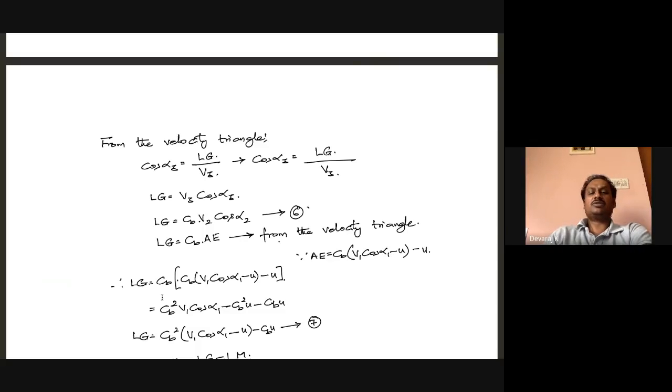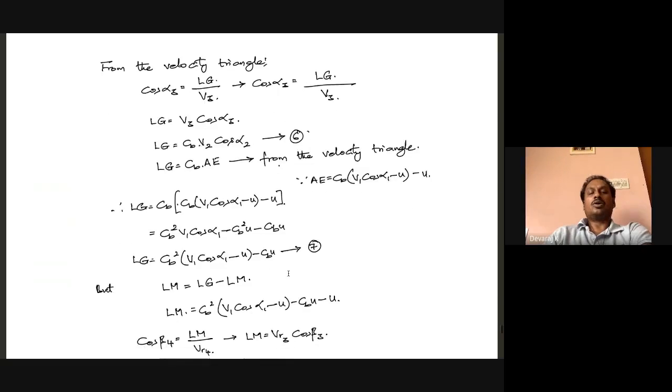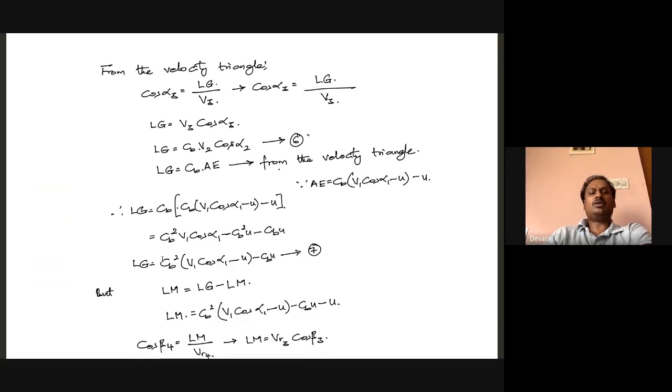So LG becomes CB into CB (V1 cos alpha 1 minus U), minus of U. If I open the bracket, this will be CB square into V1 cos alpha 1 minus CB square into U minus CB into U. Or I can take CB square as common: CB square (V1 cos alpha 1 minus U), minus CB into U. Let me call this equation number 7.